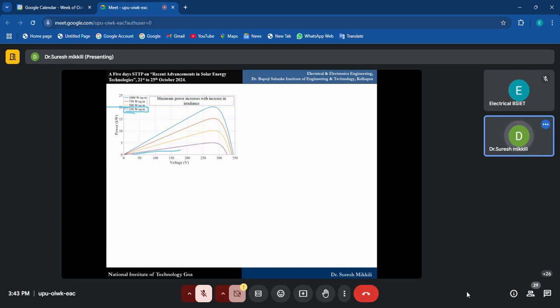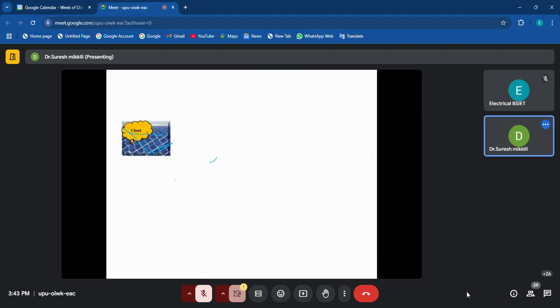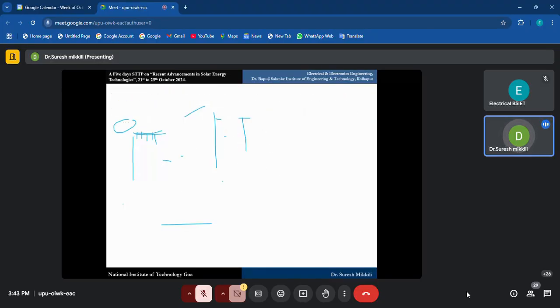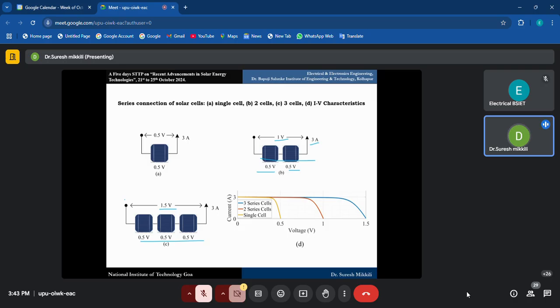It gives you a voltage of 330 volts, and the current is the same as previously, like when I showed you panels connected in series or parallel. These are also simulated results.